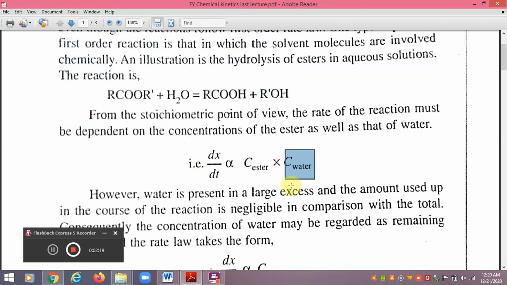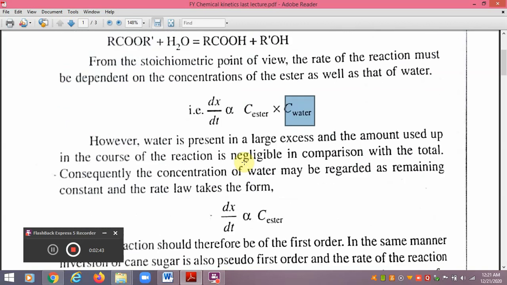So the rate of reaction depends upon two species, one the reactant and the other the solvent. So the expected order of this reaction should be 2, because the rate equation depends upon two species.